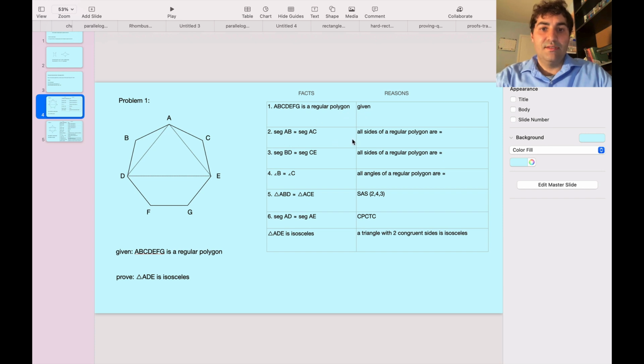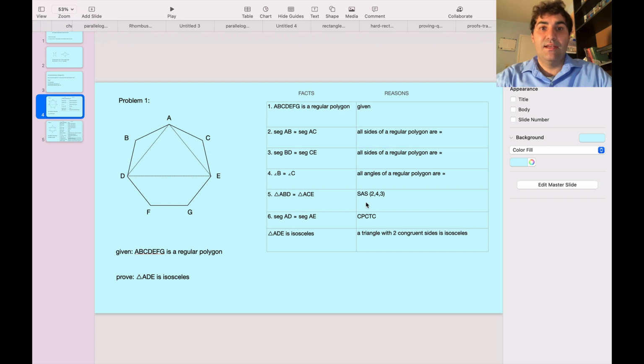And we know that all sides of a regular polygon are congruent. So in other words, side AB is congruent to side AC, and side BD is congruent to side CE. We also know all the angles of a regular polygon are congruent. So angle B, this angle here, is congruent to angle C.